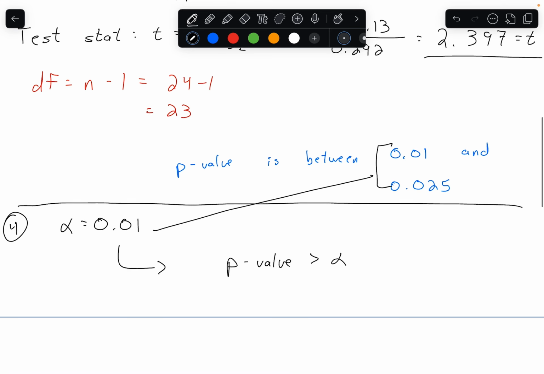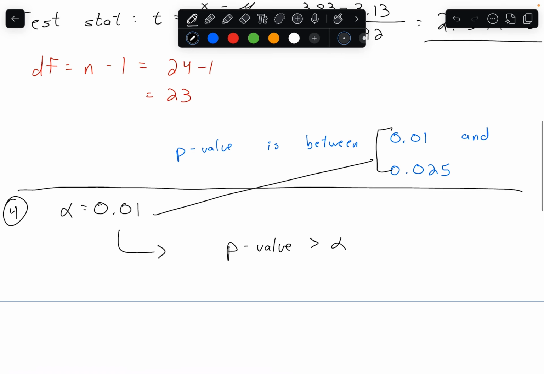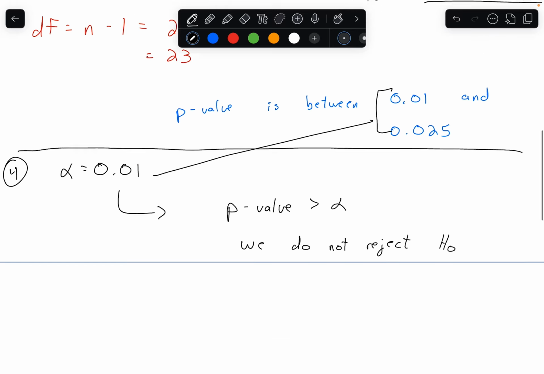If the p-value is greater than alpha, using the same decision-making rule we've always used, that means we do not reject H0, which means we do not change our mind. Remember, that means there is not enough evidence to support the alternative hypothesis.